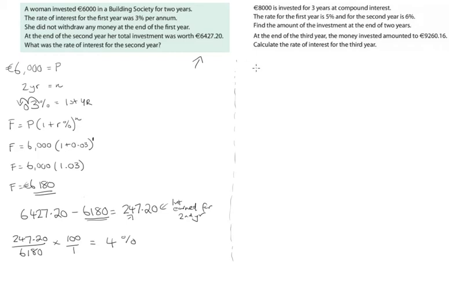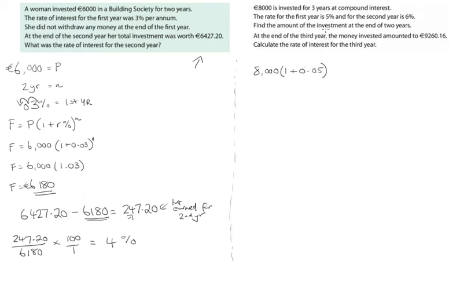Okay, so this one here, it's 8,000 euros is the starting principal, and the rate for the first year is 5% and the second year 6%. So let's figure those out first. So it's 8,000 euros, that's the principal, remember the formula. And then it's 1 plus, now 5% as a decimal is 0.05.